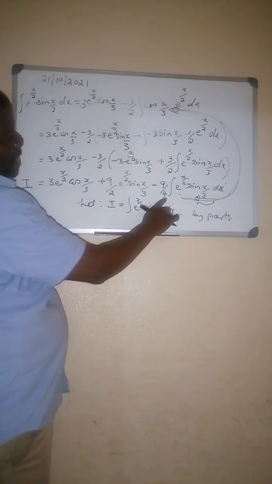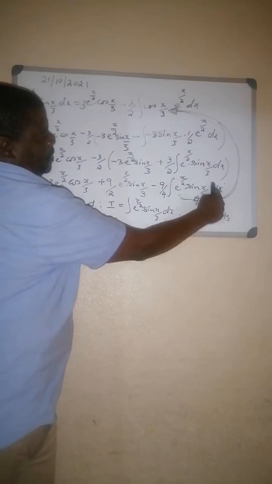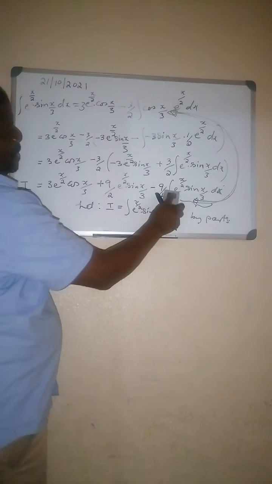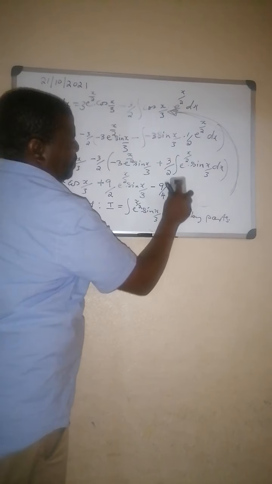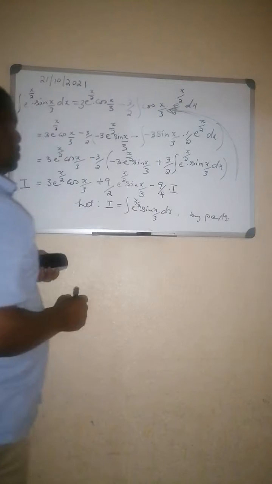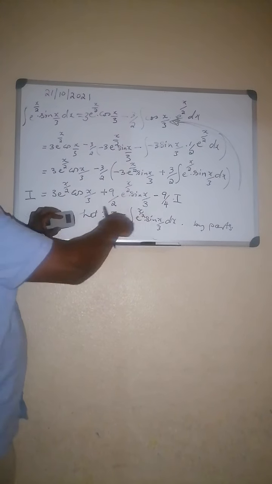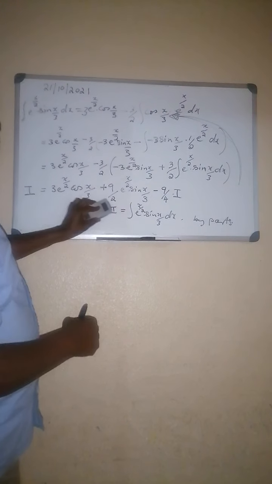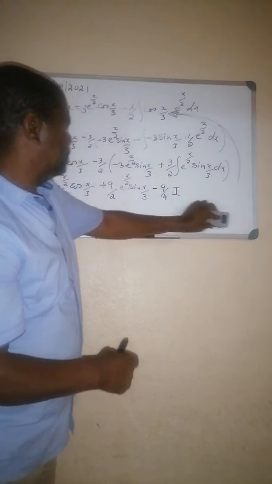And then here it means this part is also the I, which means that I can take this part off and then replace it by I, because that is what this statement is saying. So I can then take this off.